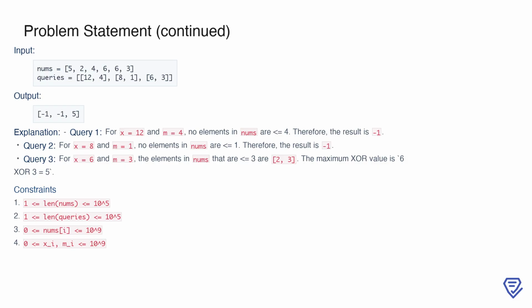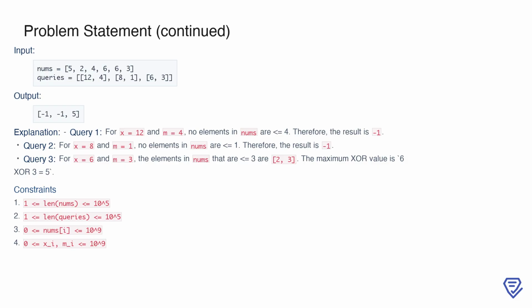For the third query, x equals 6 and m equals 3. The valid elements in nums are 2, 3, and the maximum XOR value is 6 XOR 3, which equals 5. Therefore, the output for this example is -1, -1, 5.